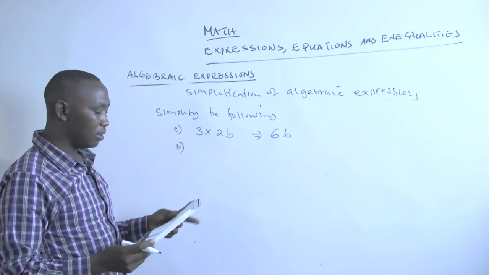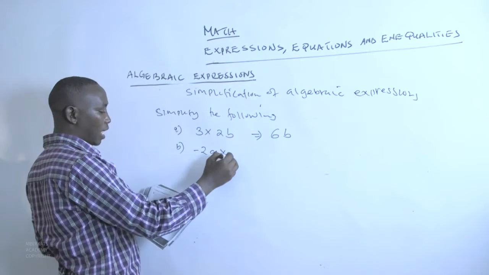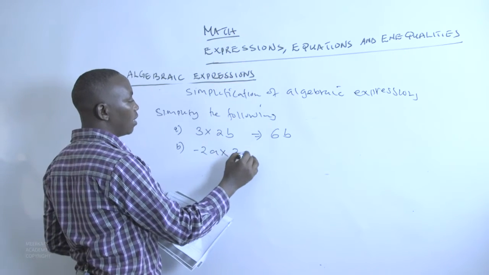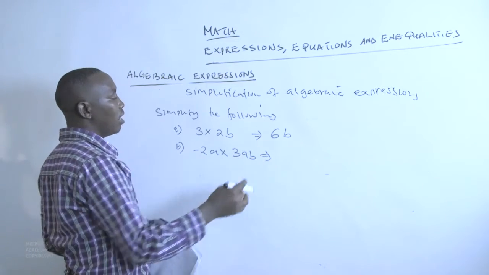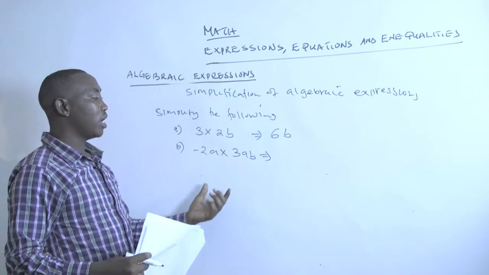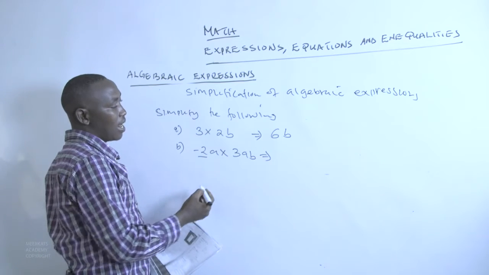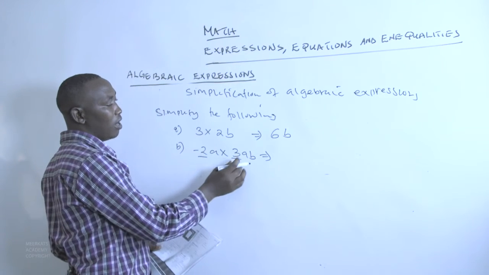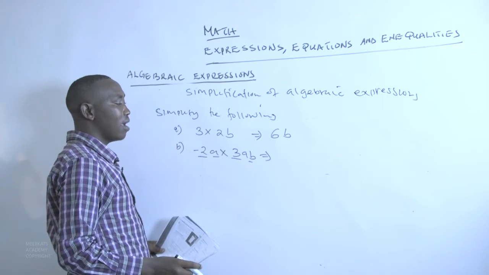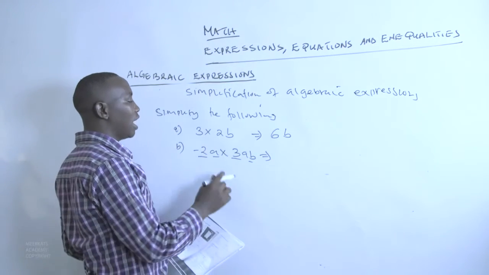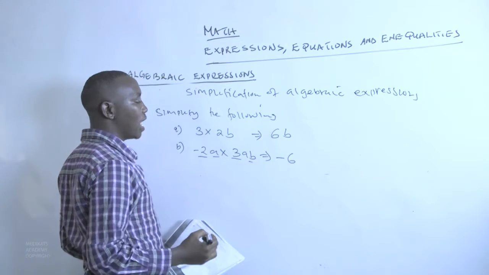Another example, negative 2a multiplied by 3ab. Again, because this is multiplication, we can multiply the numbers first, that is negative 2 and 3. Negative 2 multiplied by 3 will give us minus 6.